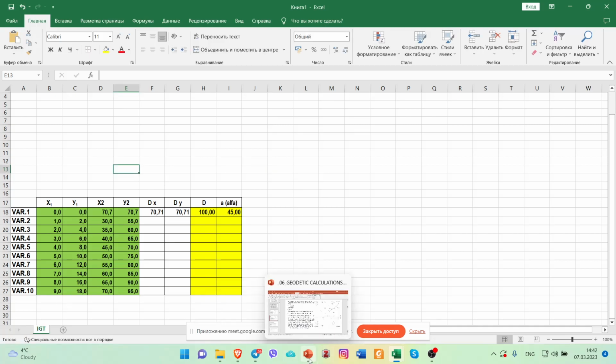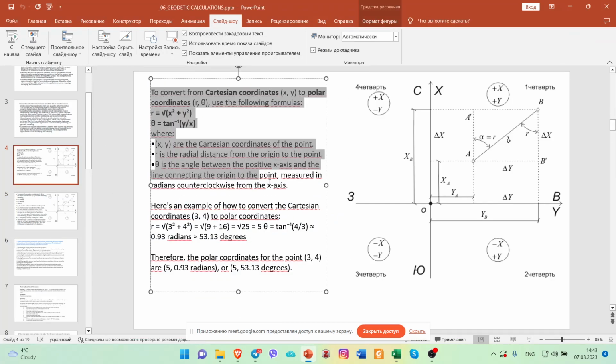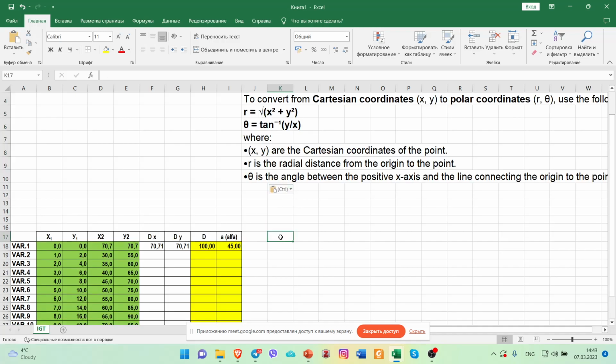Now we convert from one coordinate system to another. Here you can see explanation.